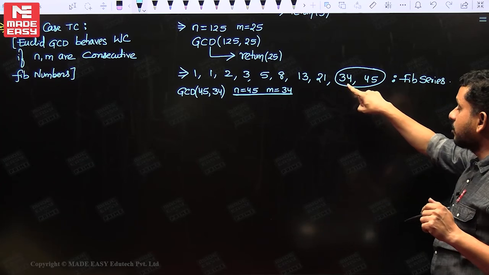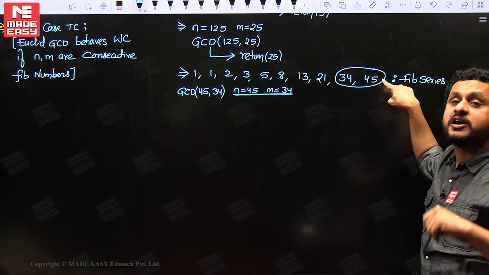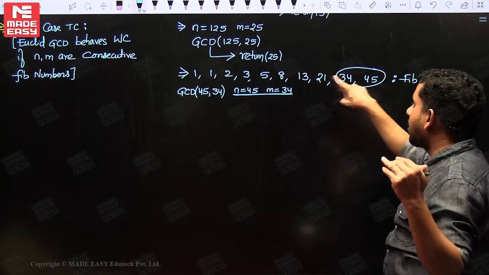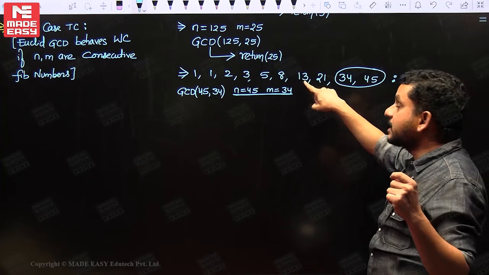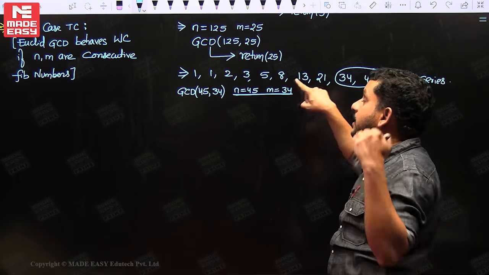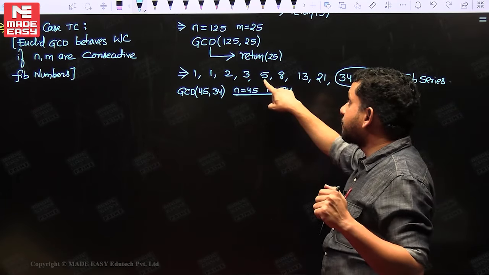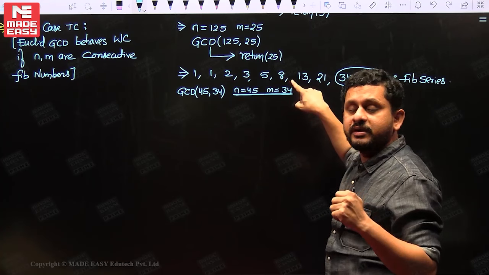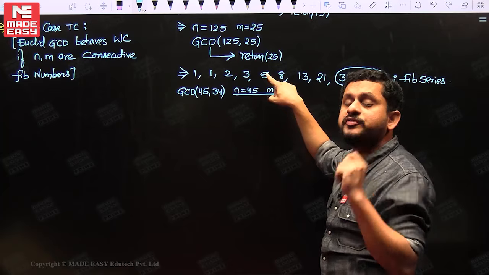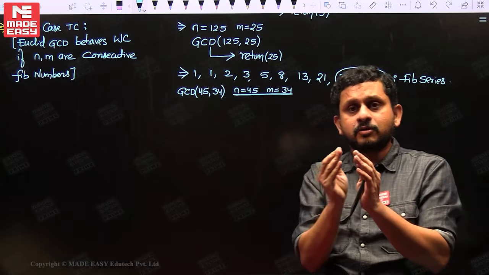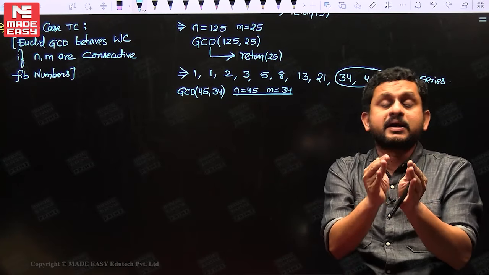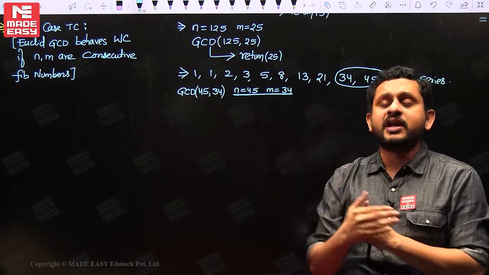So 34 is slightly bigger than half of 45. 21 is a little more than half of 34. 13 is a little bigger than half of 21, and 8 is a little bigger than half of 13. 5 is a little bigger than half of 8. Let's say the previous element is slightly bigger than half of the next element.